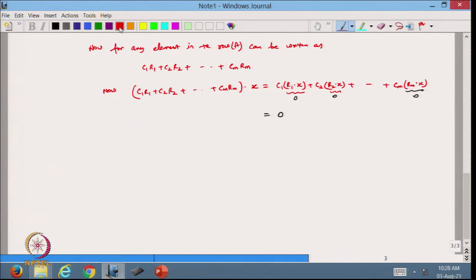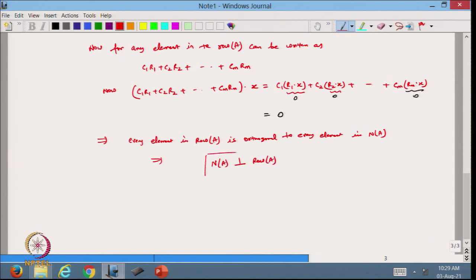So from here I am able to see that any element from the row space taking the dot product with any element x from the null space is giving the value 0, which implies that every element in the row space of matrix A is orthogonal to every element in the null space of A. So the null space of A is orthogonal to the row space of A.